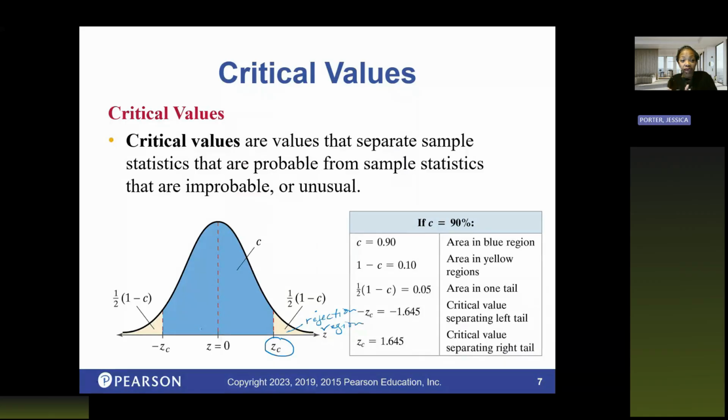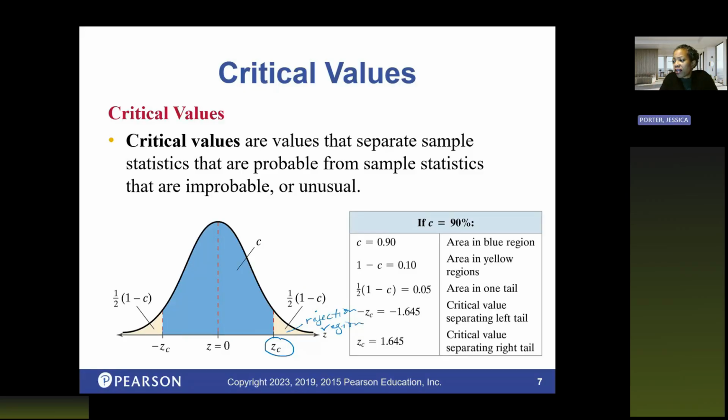But how do we find this critical value? Well, you go 1 minus the confidence level, which is 0.1. And then we multiply that by half. So there's half on the left side and half on the right side. We just split it in half.